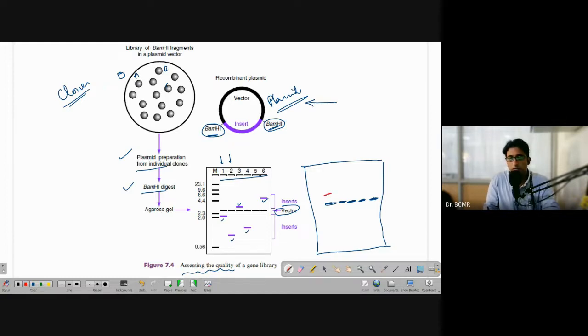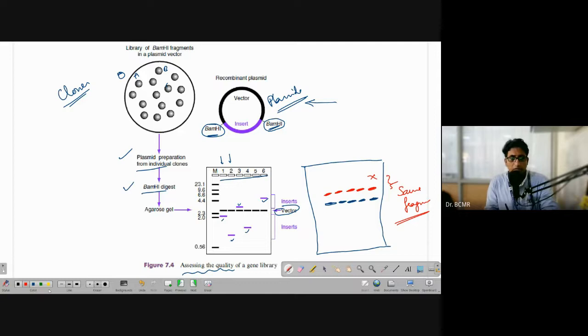And if we find something like this, what does it indicate? It indicates the likelihood that it is the same fragment in all of them. Sometimes some fragments may also be overly represented in a gene library and some fragments underrepresented. This would be bad quality.